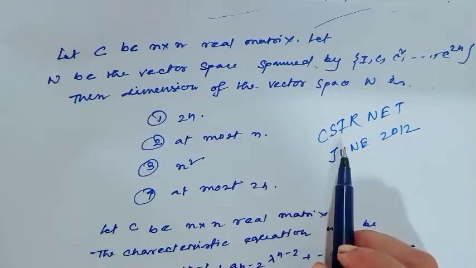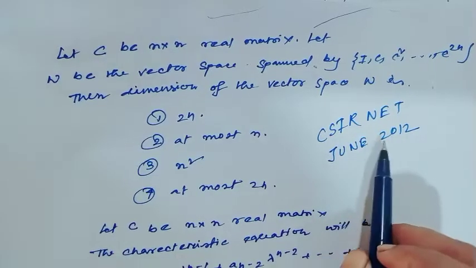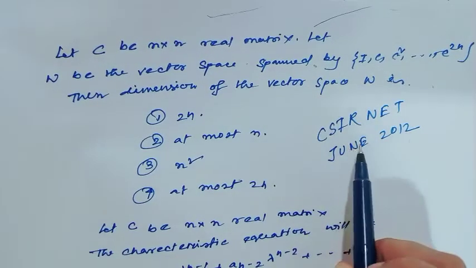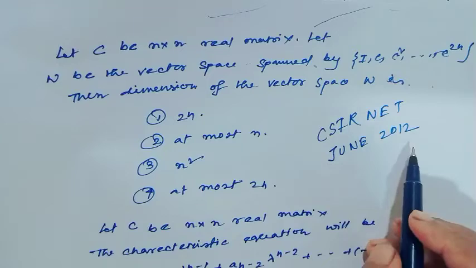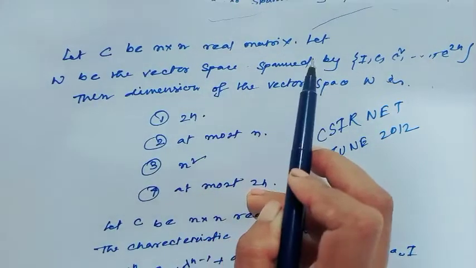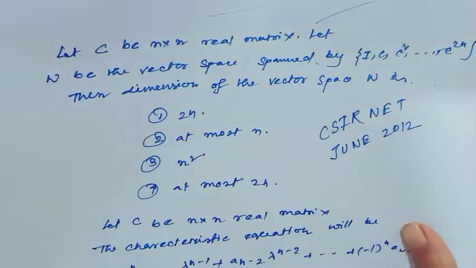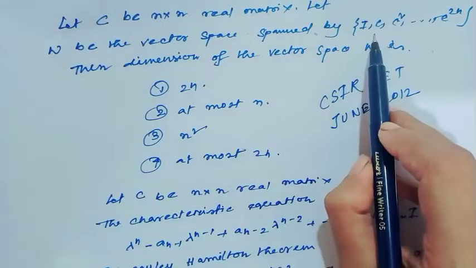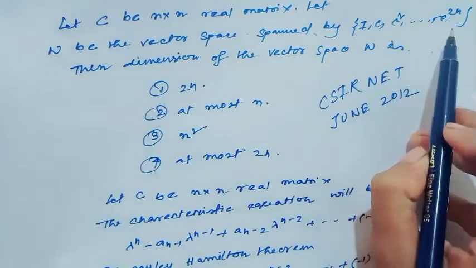Okay. Now I will see a similar type of question which also came in the June 2022 CSIR NET exam. The question: let C be an n cross n real matrix, and here the subspace W is spanned by identity, C, C square, up to C to the power 2n.